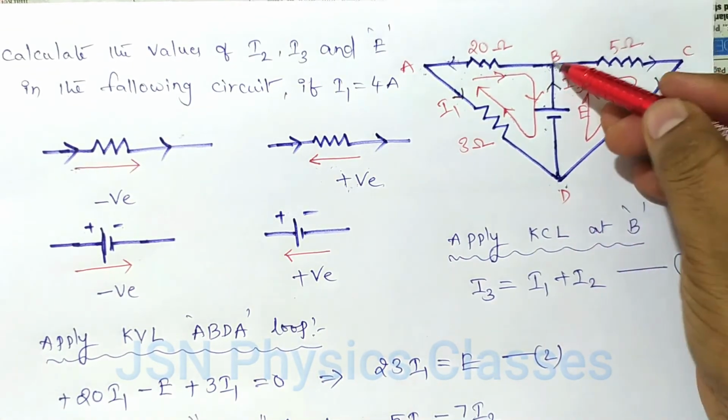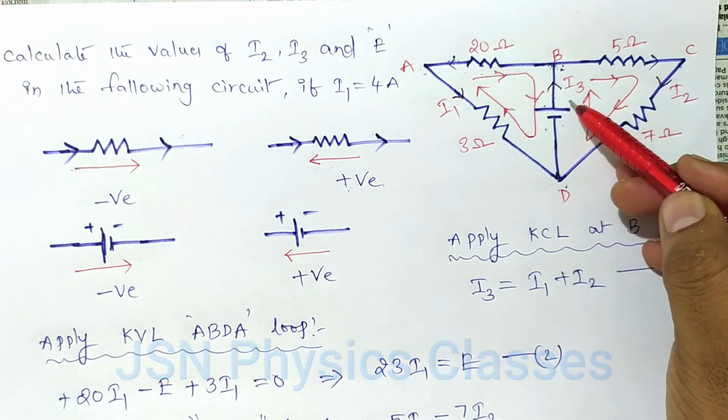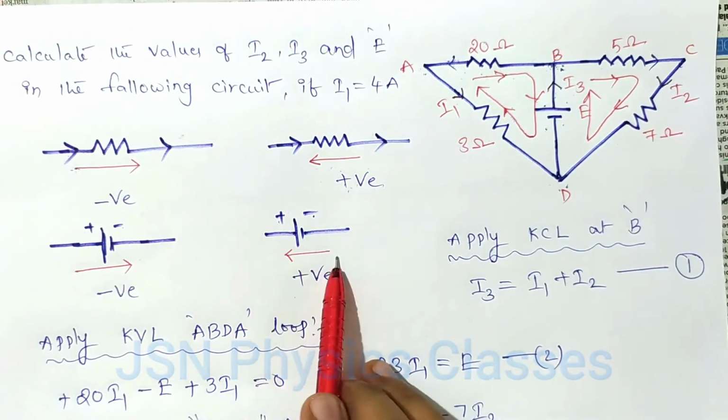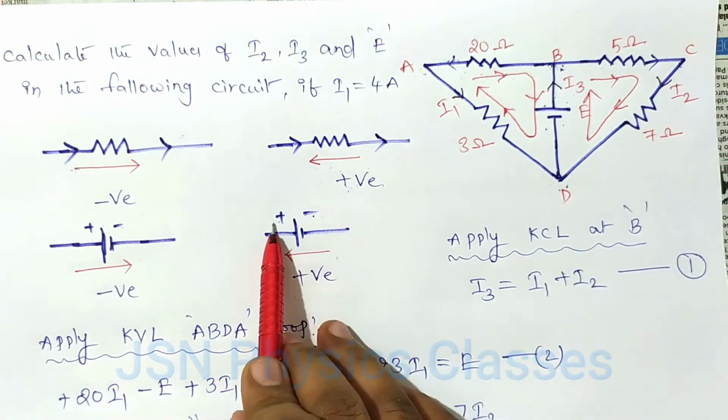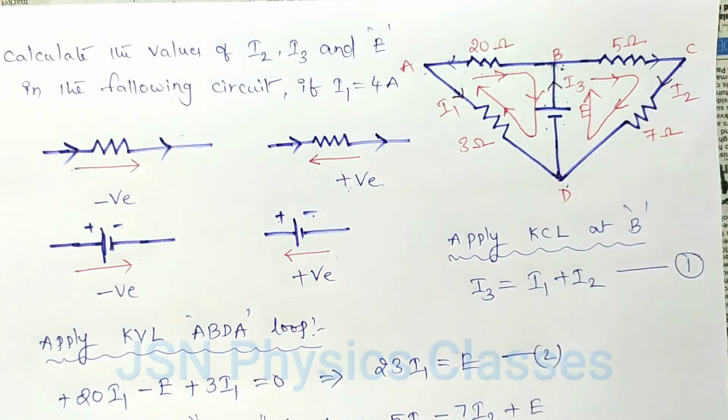Then from D to B, the loop goes from the negative terminal to the positive terminal, so take it as positive: plus E, equal to 0.